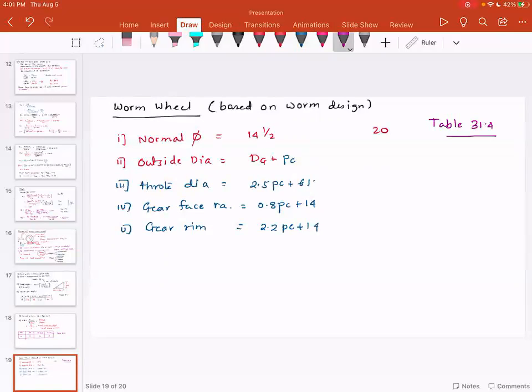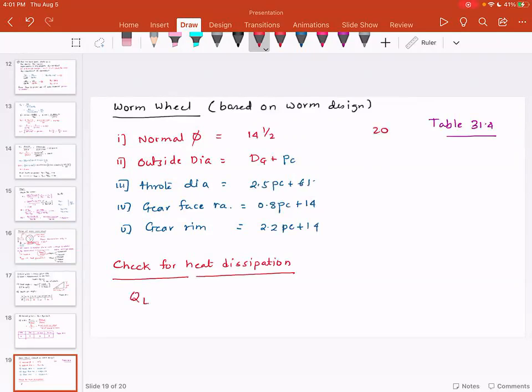Now, in the case of worm wheel, many times we have to check for heat dissipation. And this process is exactly the same.